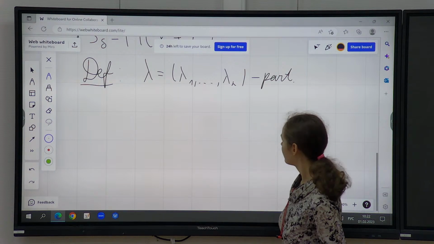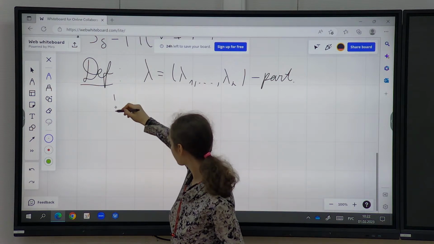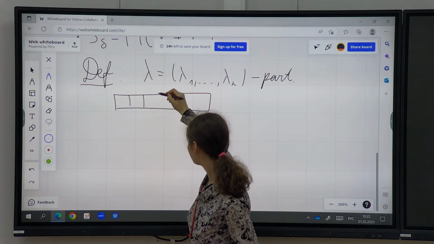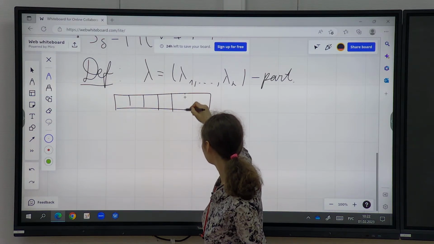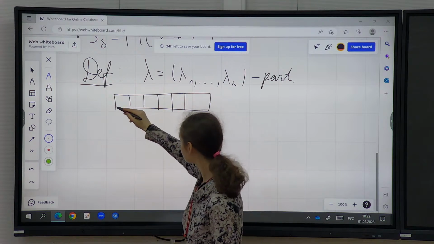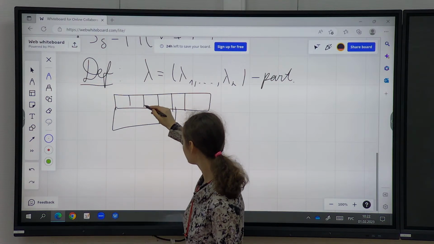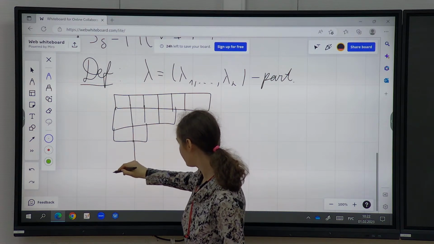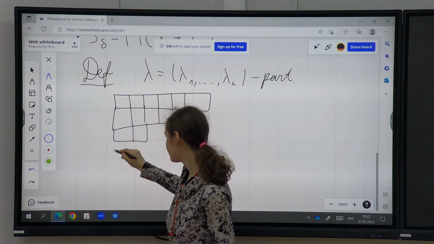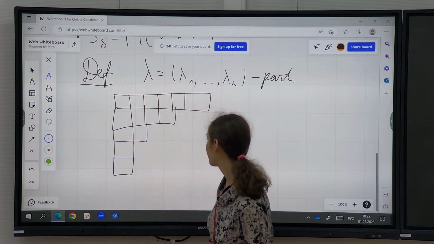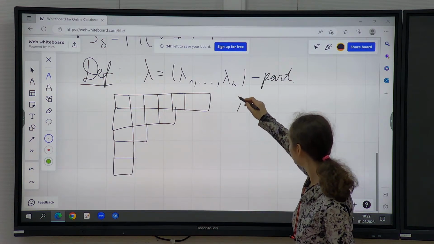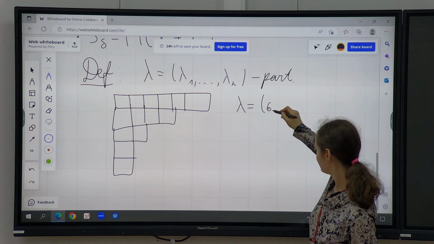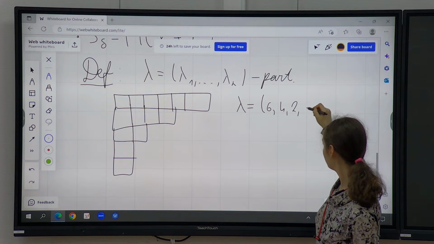We can draw it as a Young diagram like this. So it's a diagram for lambda 6, 4, 2, 1, 1.